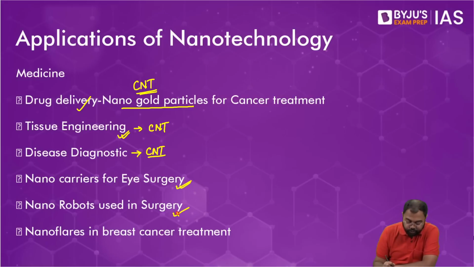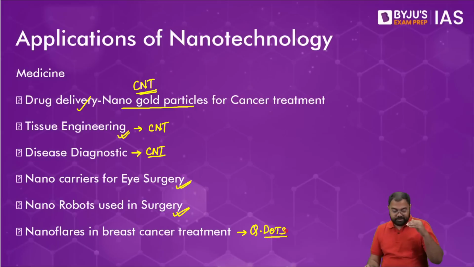In making nano robots for surgeries, nanobots as they are called, they basically again will be nano-sized particles or machines. They will be running inside the body, so they can also be made. And then for making nano flares in breast cancer treatment, this is where quantum dots are used. So quantum dots can be made use of here. So in this particular scenario, we see that this is how in the medical field all these different nanoparticles that we have can become useful in one way or the other.